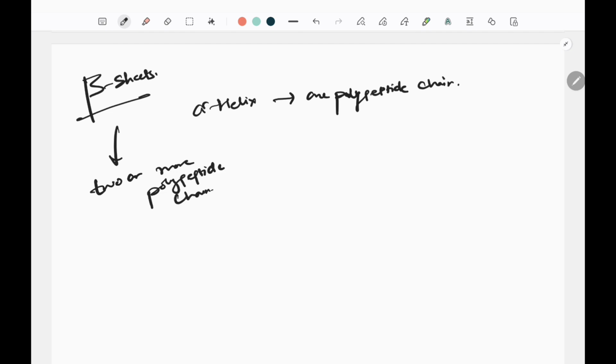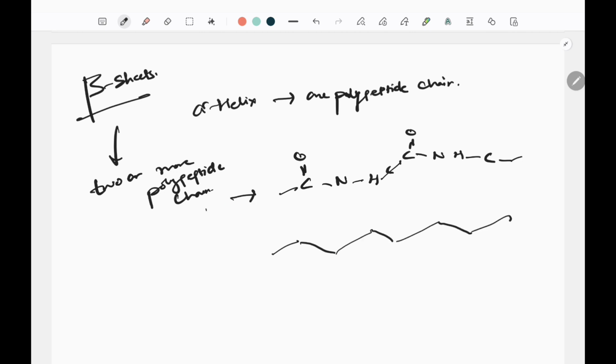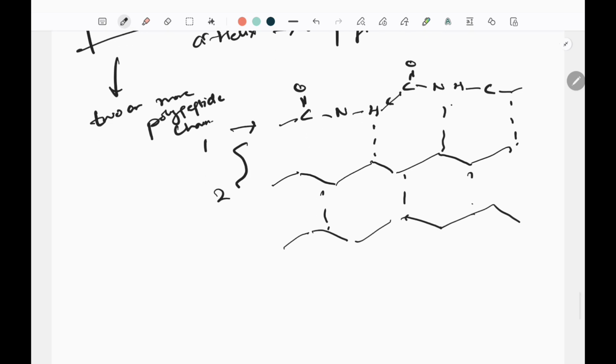So for example, if we have a structure like CONH and then there is another CONHC. Oh wait, there should be one C here, right? So these sorts of structures can exist. This is one polypeptide chain, this is another polypeptide chain, and this is the third polypeptide chain, right? And they can again hydrogen bond and create this sheet-like structure. So this structure is called beta sheet structure.